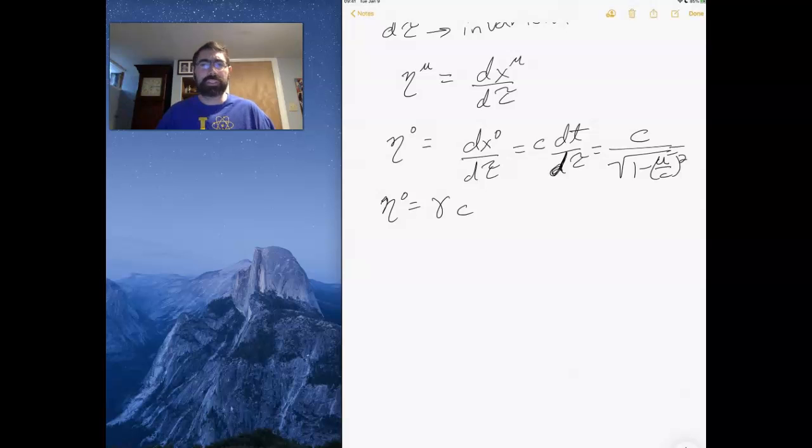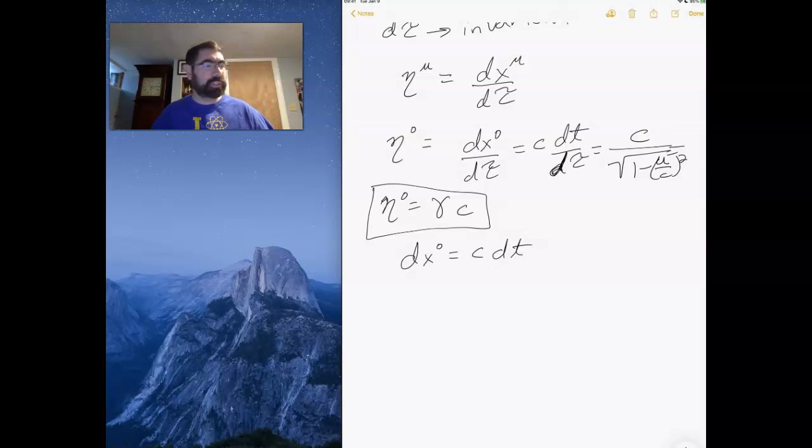This makes sense because I declared this to be c dt. So that's the time component of my velocity, or the 0th component of the velocity.